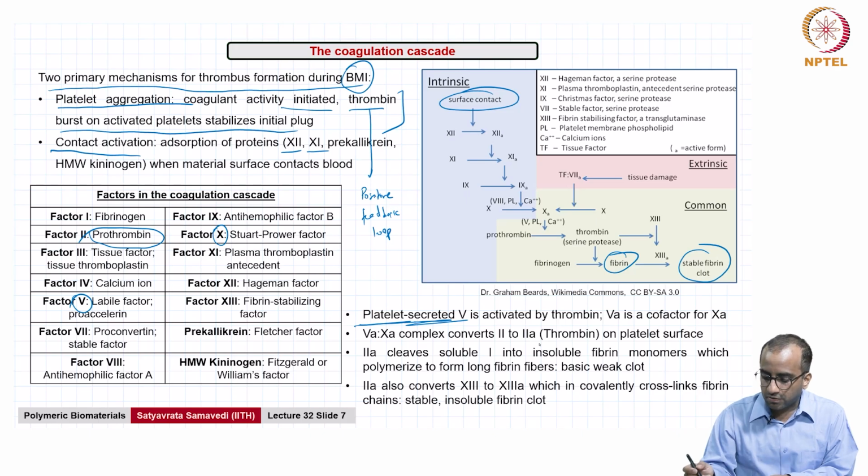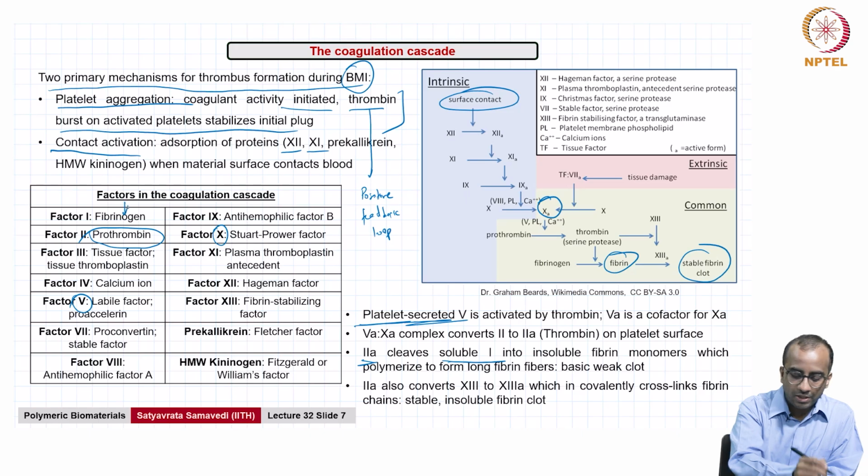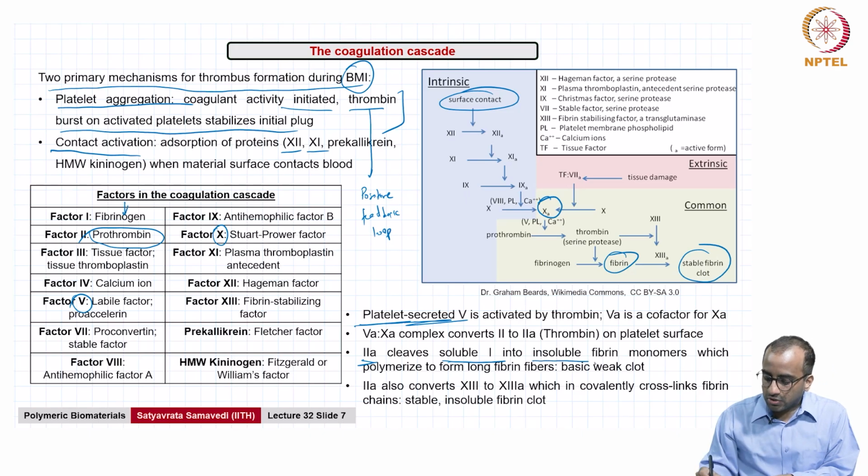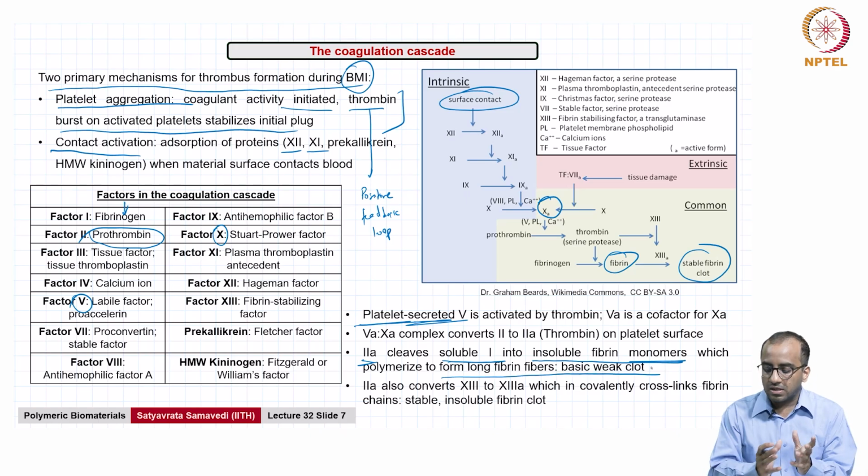So, that is sort of what is indicated here. And then 2A, which is the active form, which is the thrombin, cleaves soluble factor 1, which is fibrinogen, into insoluble fibrin monomers, which then polymerize to form long fibrin fibers, resulting in a basic weak clot.